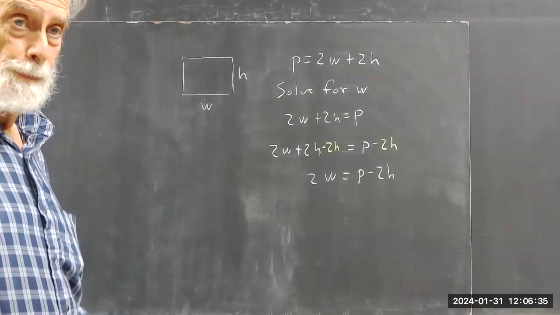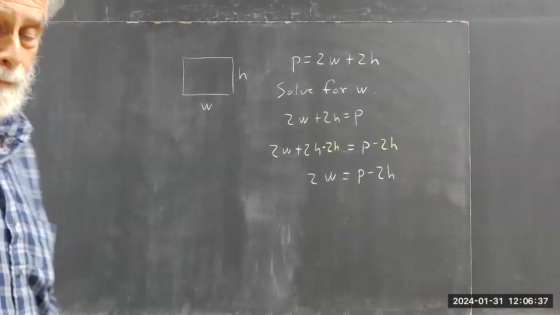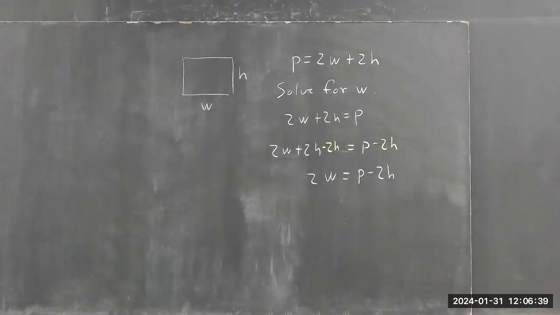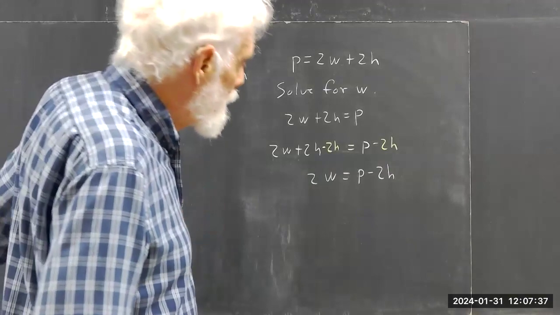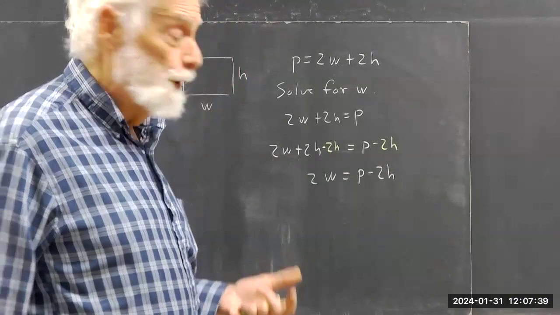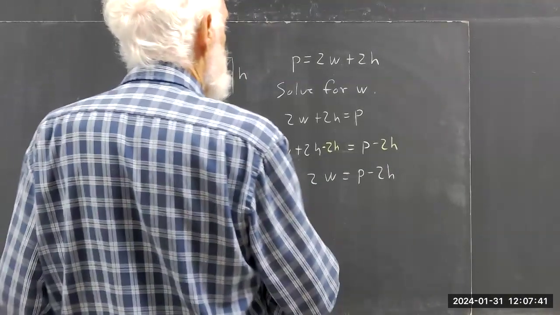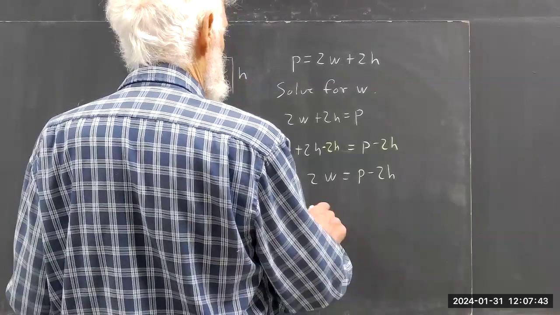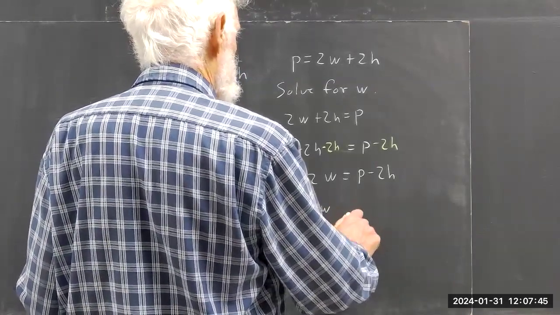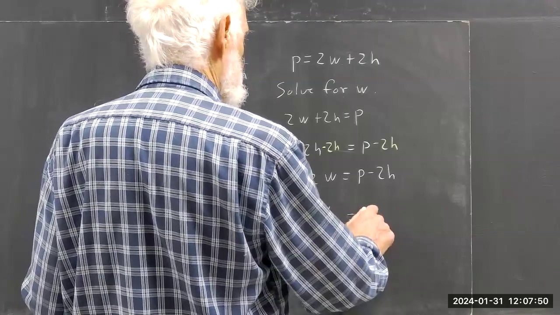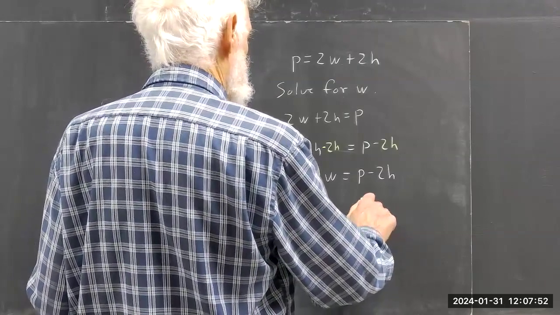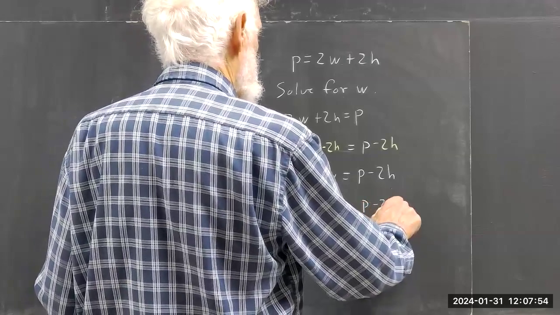Now what do we do? How are we going to get W? What can we do to both sides to get closer to W? Normally we do this in one step, but we're going to do it in two steps. We write 2W, and since we're going to divide, we put the equal sign a little lower, and we have P minus 2H.